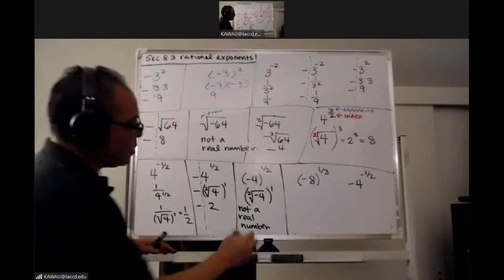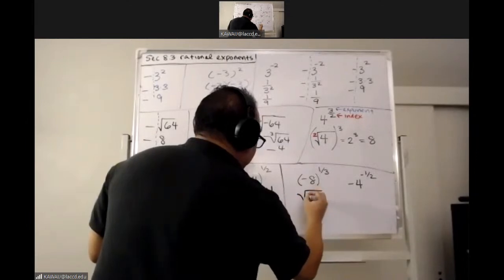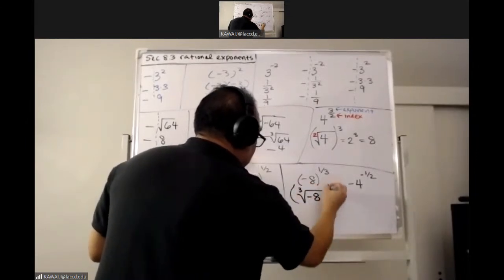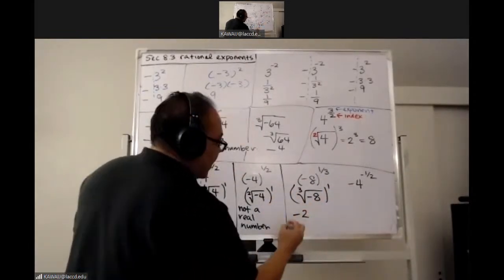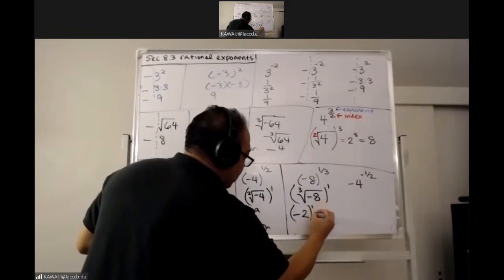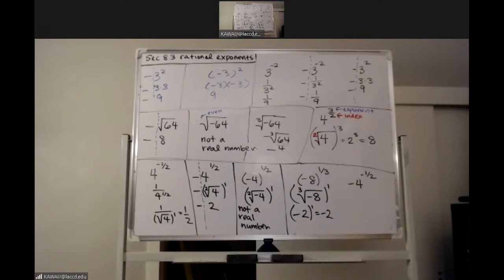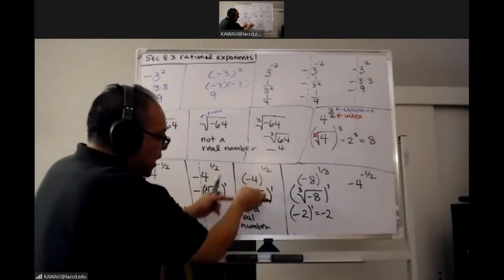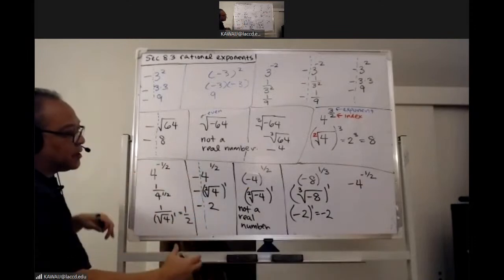Now, over here, I have a -8 on the inside. But since this is odd, we can't have an answer. Now we only deal with this negative being inside the radical when we have this parentheses. Otherwise, the negative is on the outside.